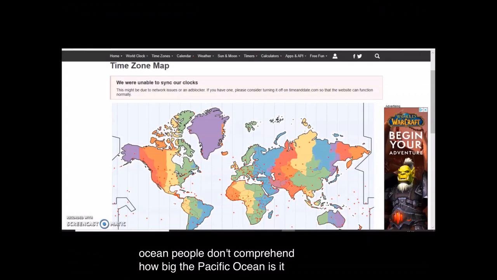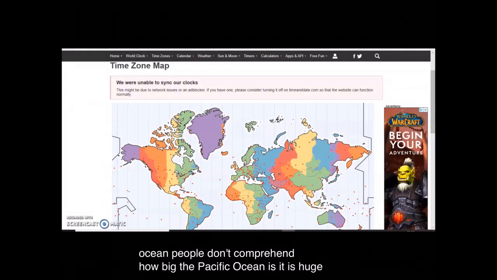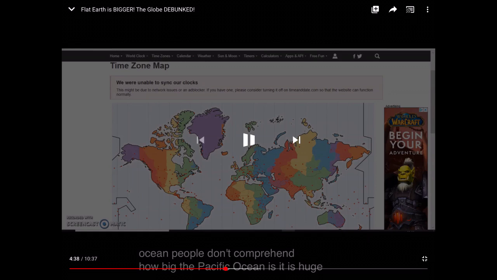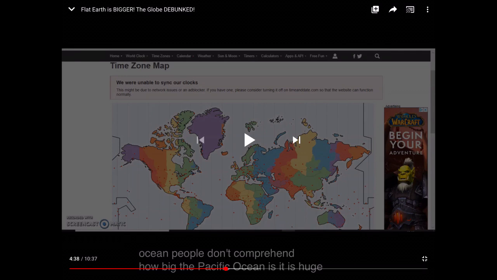It's very hard to comprehend, because a flat map is not the best. It is huge. Yeah, now you're spinning straight facts again. The distance to America and Russia is huge. It's not that huge, but you know what I mean. Yeah, the Pacific Ocean is huge.